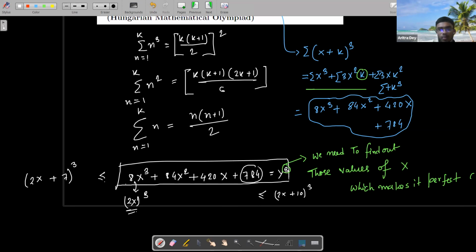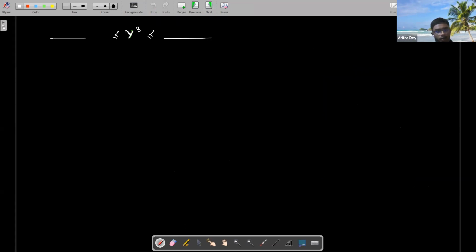So we get a very good bound. That is, y basically lies in between these two bounds: 2x plus 7, that whole cube, and 2x plus 10, that whole cube.